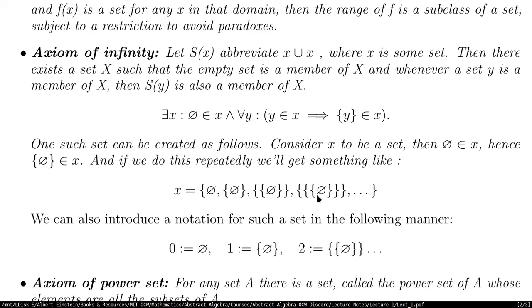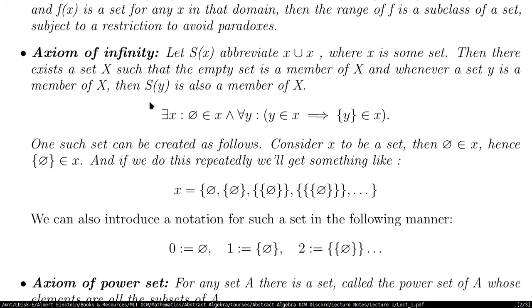So this is just a tricky way of saying that you have a set x, and the empty set is included in that set. And now we define this property. This property says that whenever you have a member y of x, then S of y is also a member of x. Remember what is S of y? S of y is just y union y, so the chain of the same elements with the union, and that is also included in the set.